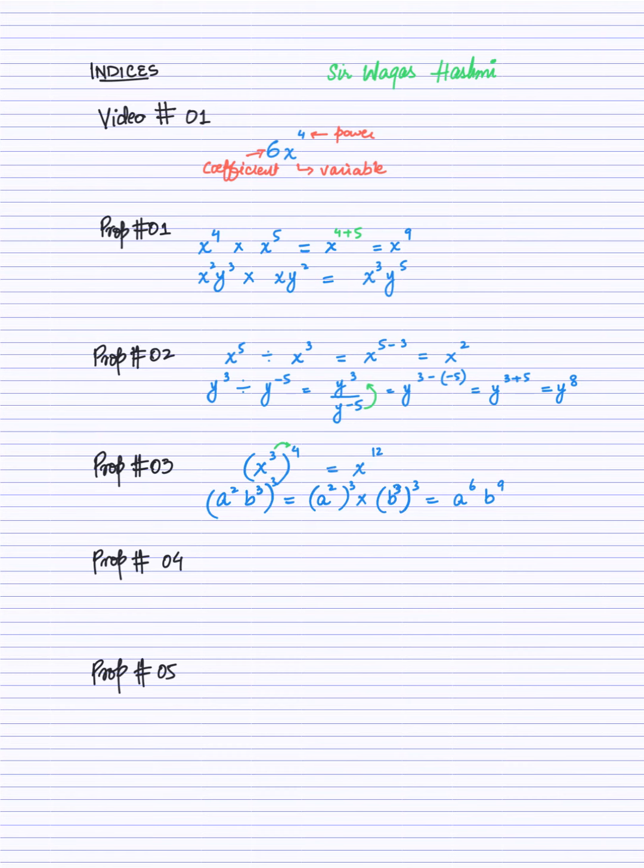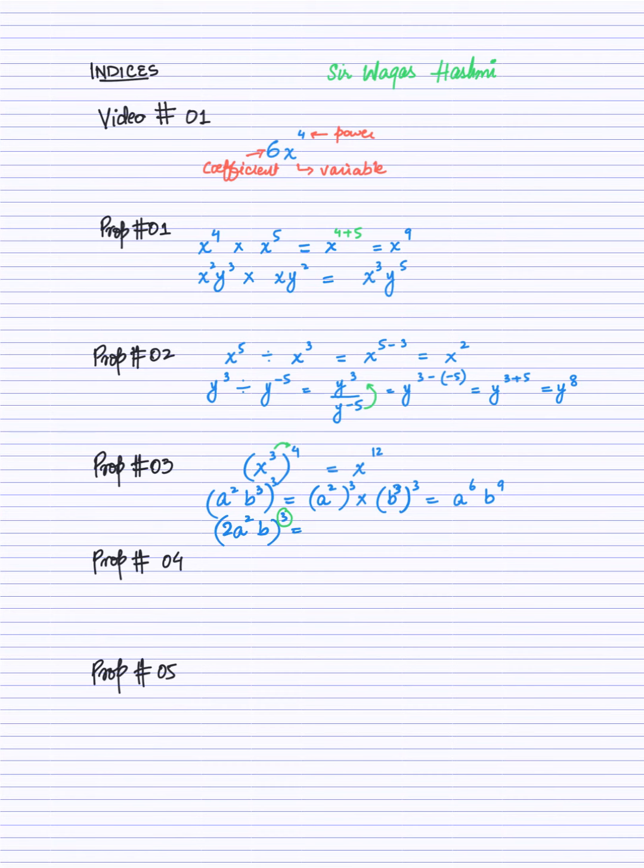What I am supposed to explain here is that the whole power applies to all the individual quantities present inside that bracket. Similarly, if you say 2a square b and whole power cube, now that power 3 outside the bracket applies to all these three terms.